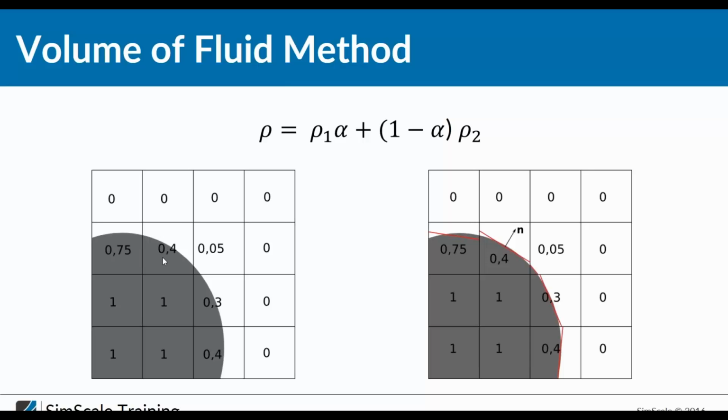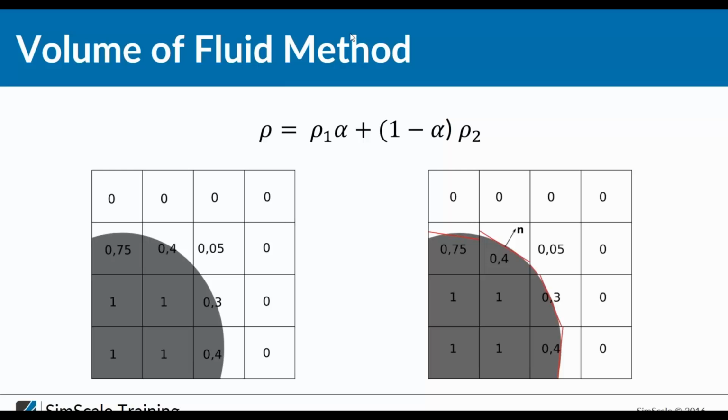And 0.4 means you have both: 40% of the cell is filled with water and 60% with air. Based on this, it's simple to create a flow simulation which is able to handle these multiple fluid phases.